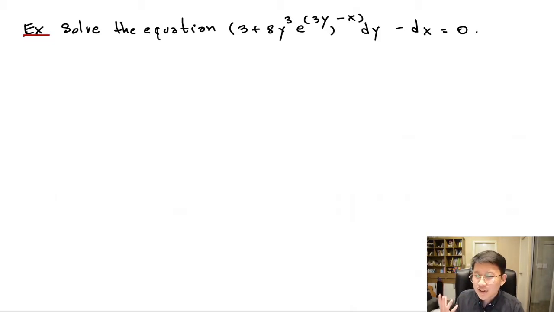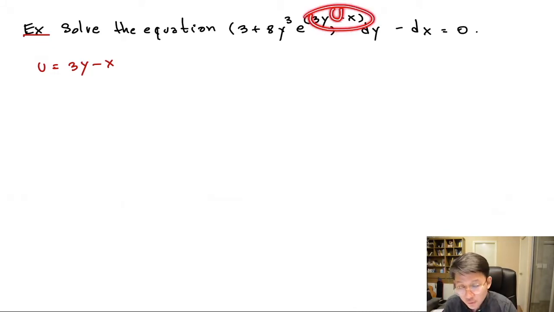if you notice, if you let u be 3y minus x, you will see that this guy is actually e to the u, right?